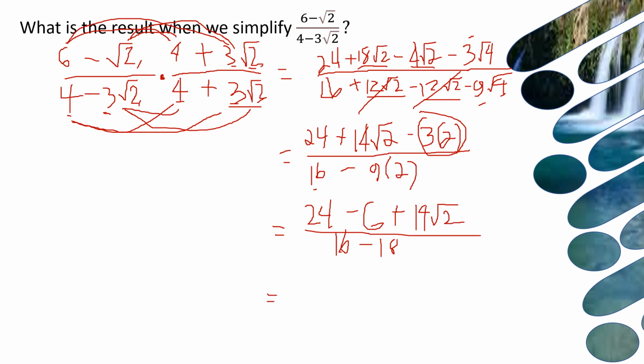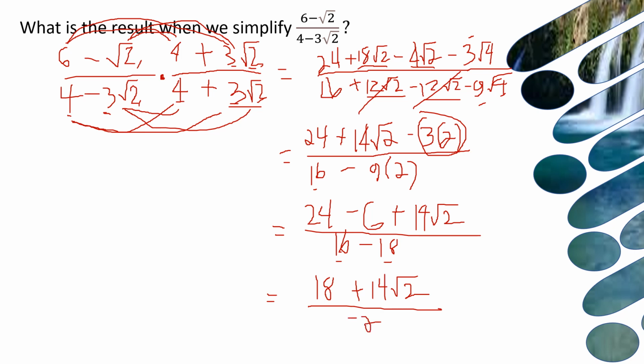But 24 minus 6 can be simplified as 18. So 18 plus 14 square root of 2, all over 16 here minus 18 is negative 2.